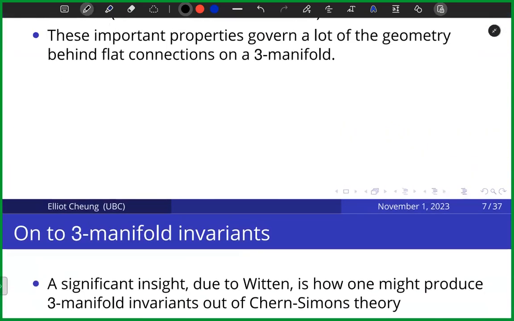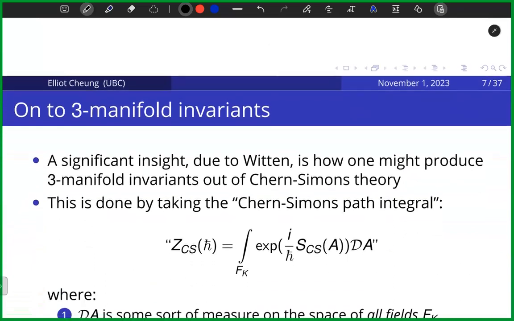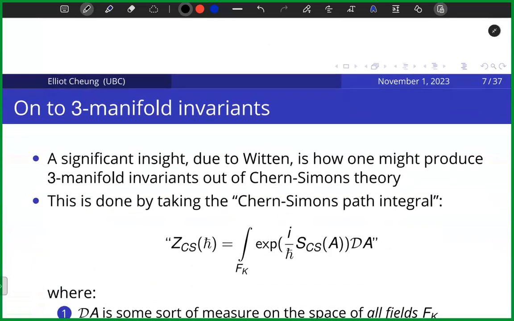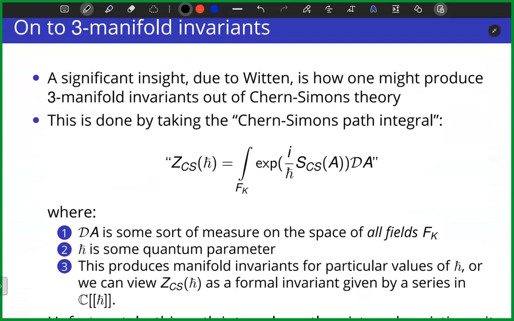Now let me say a few words about how one might produce manifold invariants out of Chern-Simons theory. A significant insight due to Witten is how you might do such a thing, and you do this by taking the so-called Chern-Simons path integral. Here, dA is some sort of measure on the space of all fields, and recall that this is an infinite dimensional space.